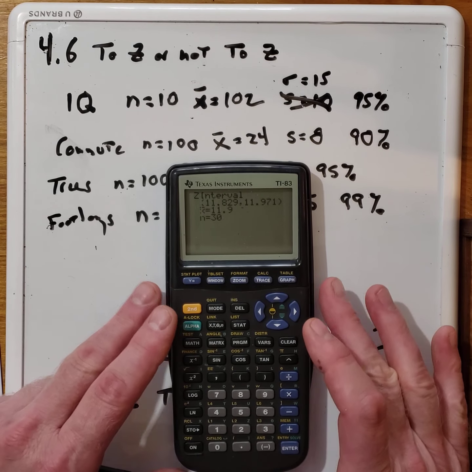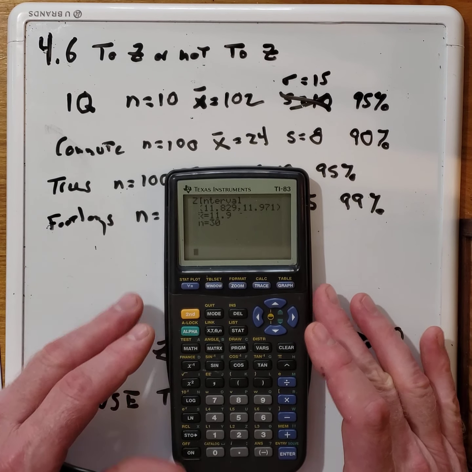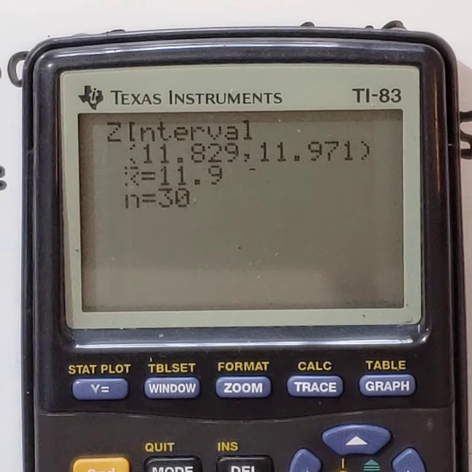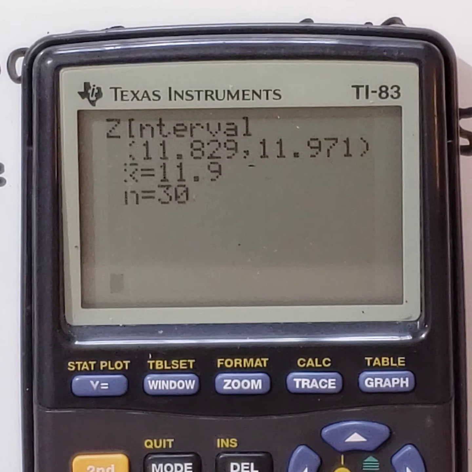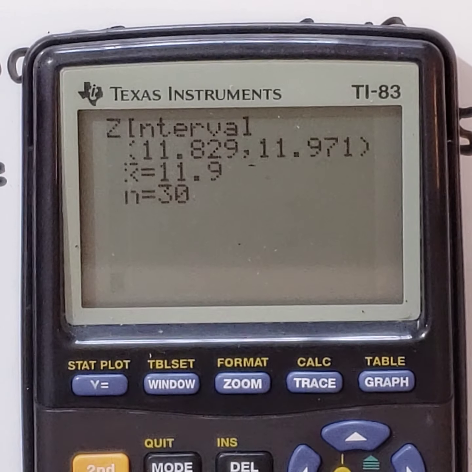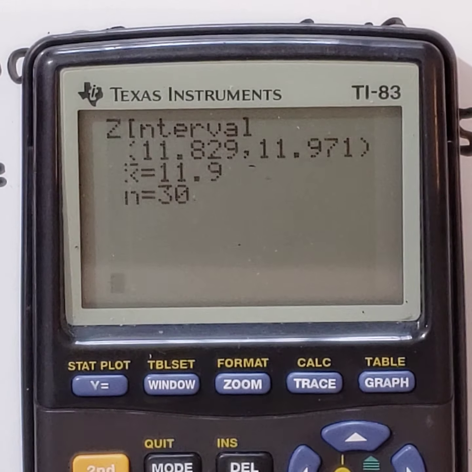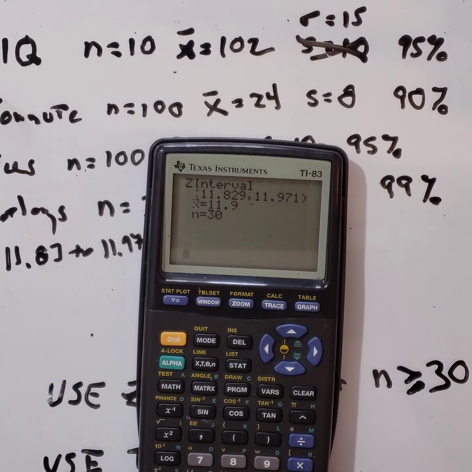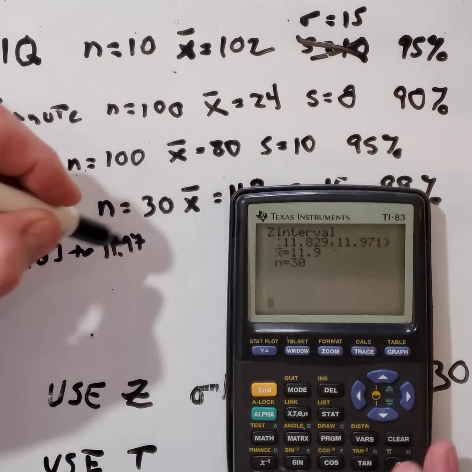Okay, so if we use our z-distribution, we get, I'm sorry, 11.83 to 11.97. So that's using z. Gave us that for our interval.